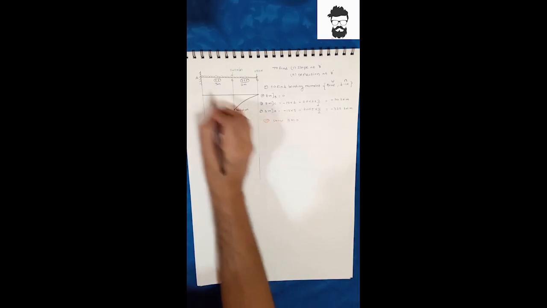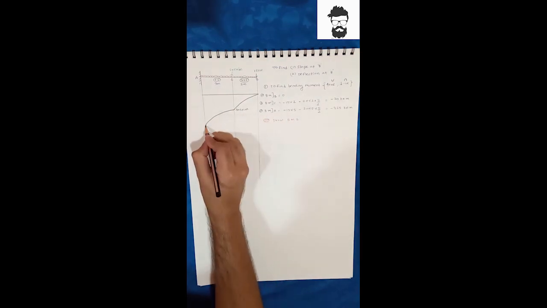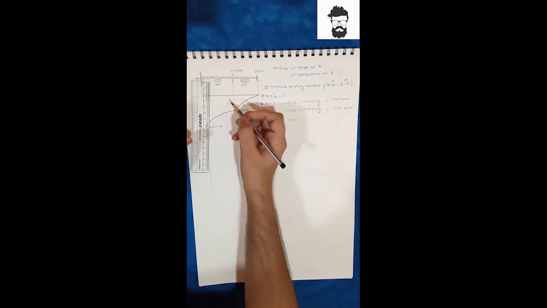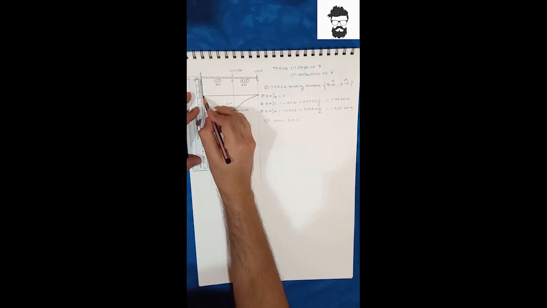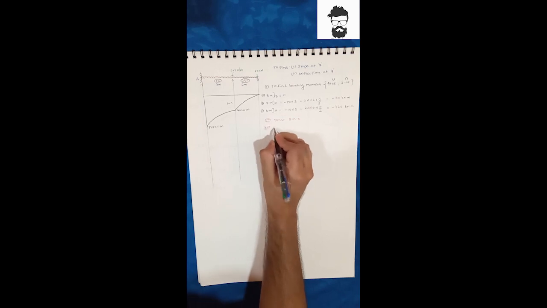And bending moment at A is minus 325. This is our BMD.